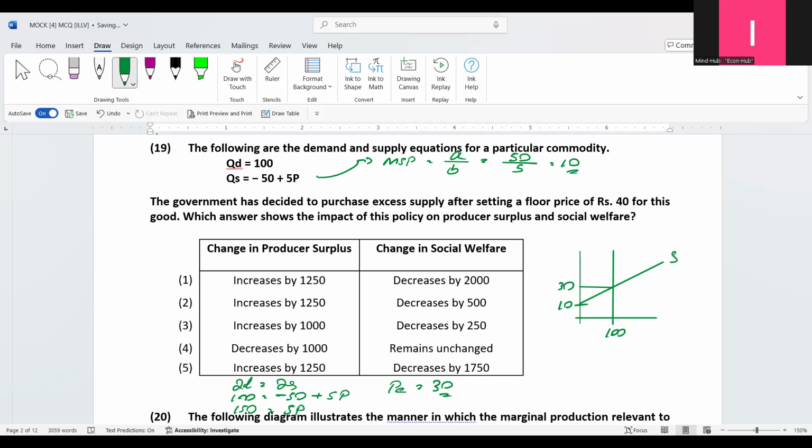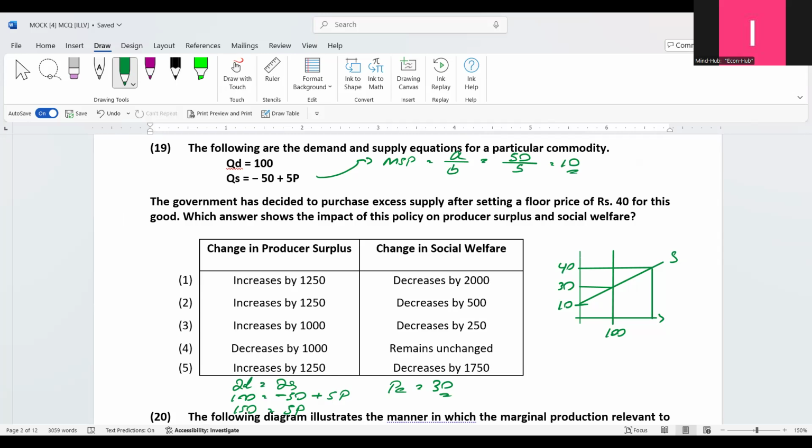Government's price floor is at 40, so we'll show it somewhere here. This is 40. Quantity supplied at 40: if you apply the price of 40 to the supply equation, can you tell me the value?